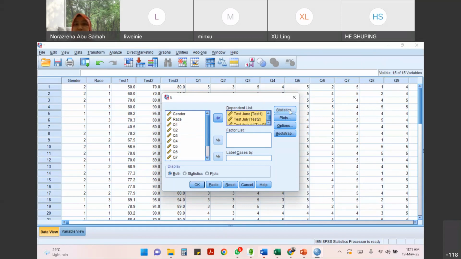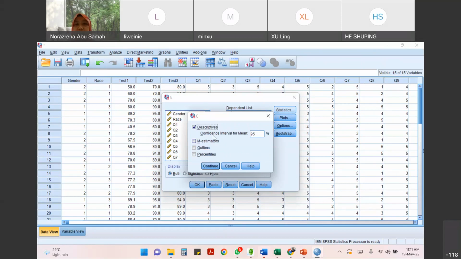And then look at statistics. It is descriptives. If you want to find the outliers, you can. For example, you have a lot of samples. You can find the outliers. If the data is an outlier, you can delete the data because it affects your statistical result.